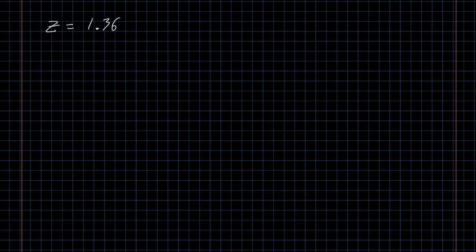So let's say that you have a distribution. You have a score, you have a mean, you have a standard deviation. We know that you can take your score, subtract the mean, and divide by the standard deviation to get the z-score. I'm not worried about that part of it. I trust that you know how to do that much of the process already. What I'm interested in is what happens when we have that z-score.